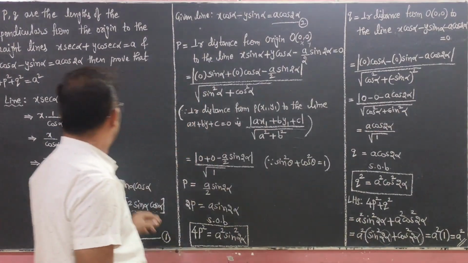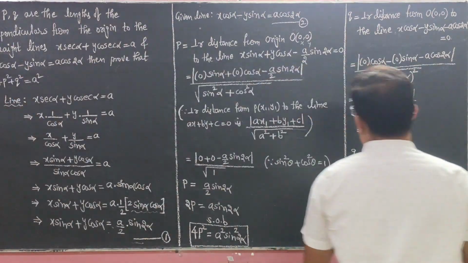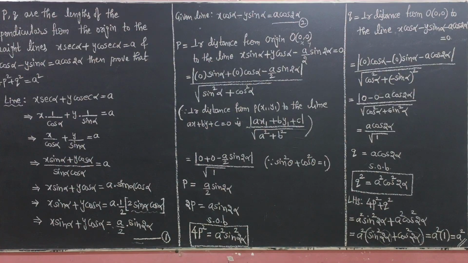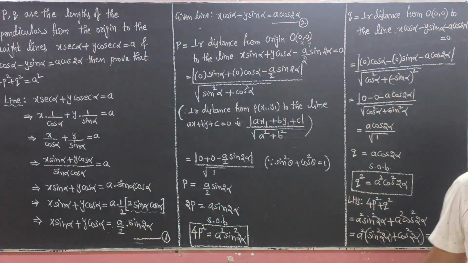So 4p square plus q square equals a square. This is very important and a very repeated long question from the chapter of straight line. Clear? Okay, right. Next question.